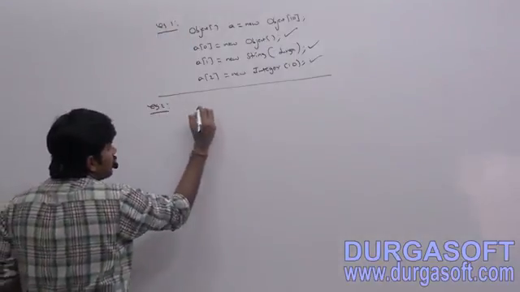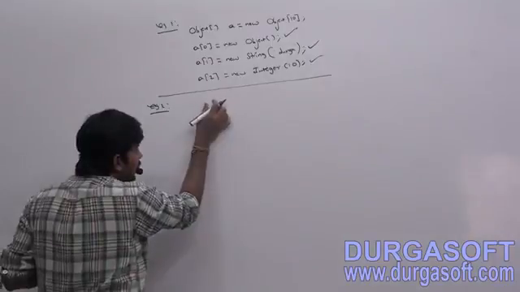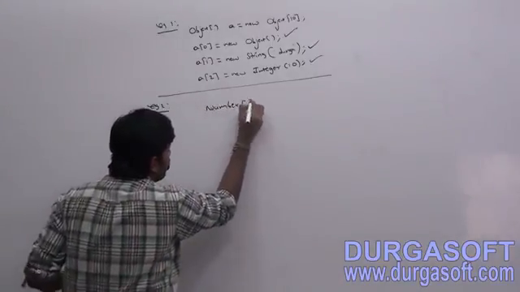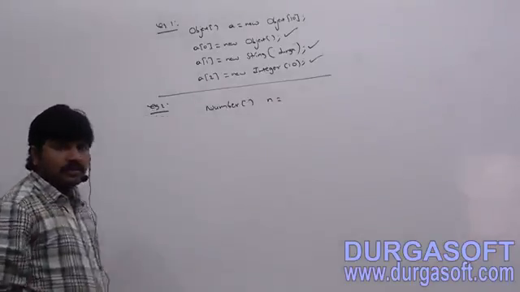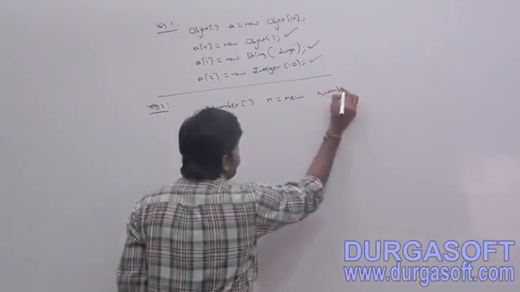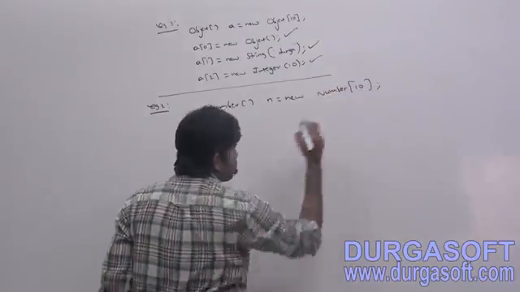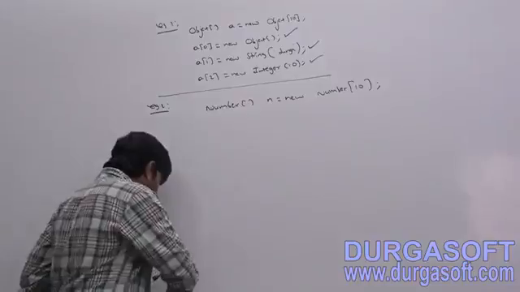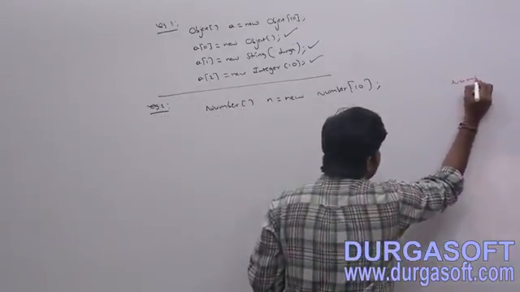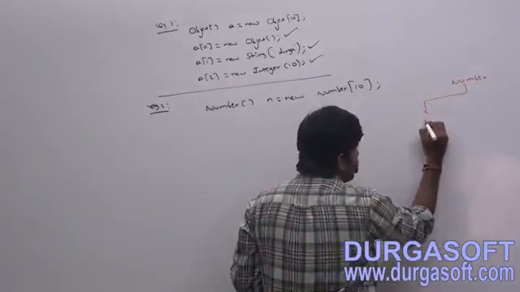Let me take example 2. Here, see, I'm taking Number array: Number array n is equal to new Number array of 10. Do you know the child classes of Number?